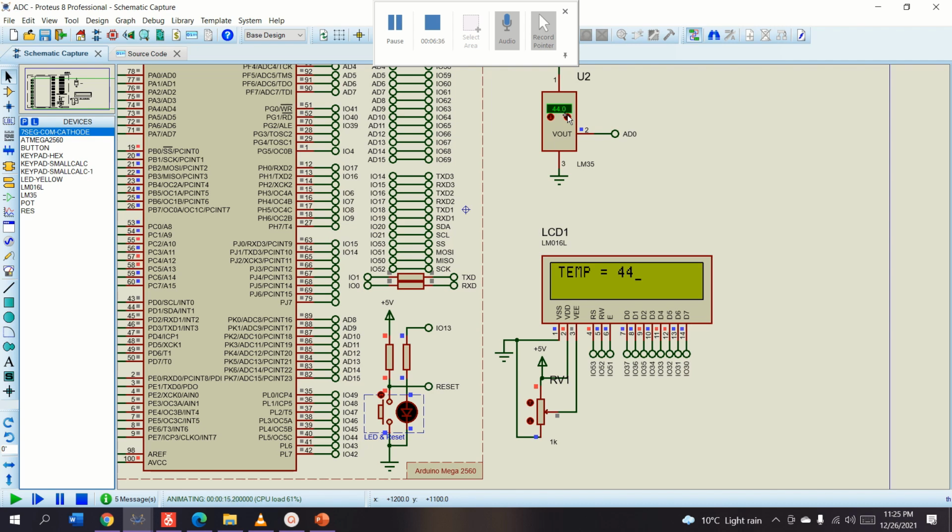There are some point gaps here, so that is why this shows a somewhat different temperature number. This is the software simulation.